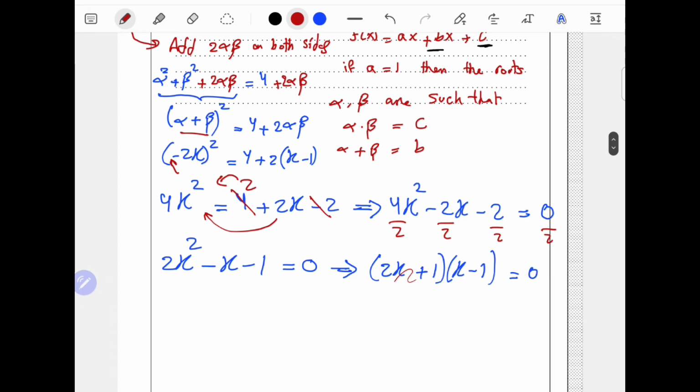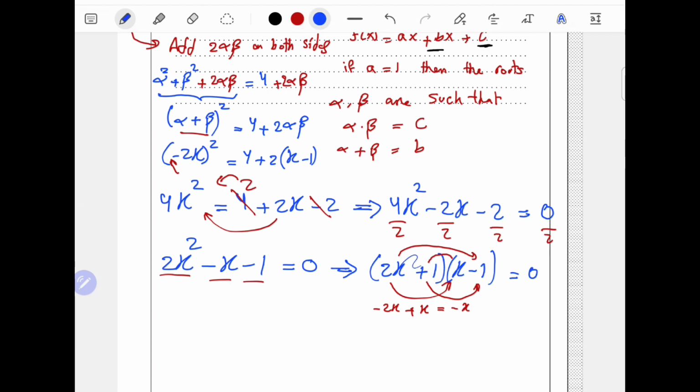So you can double check. 2k times k is 2k squared, plus 1 times minus 1 is minus 1. Then I have 2k times minus 1 is minus 2k, plus k gives you minus k, which is this term. So this is correct.